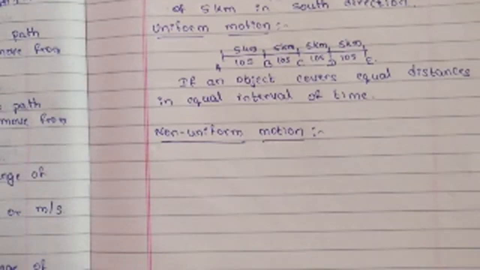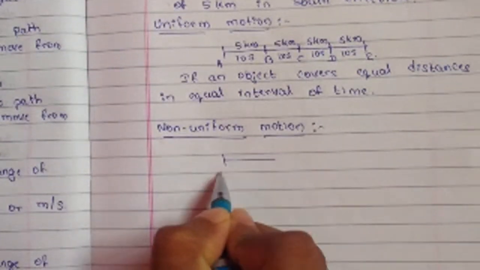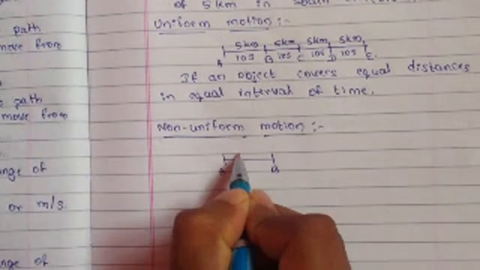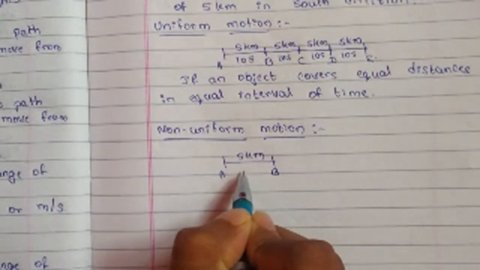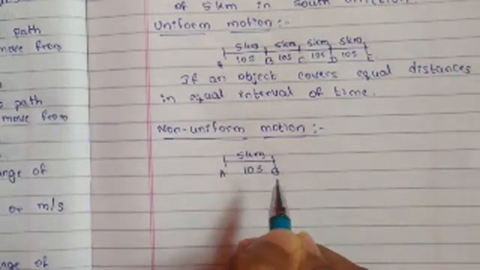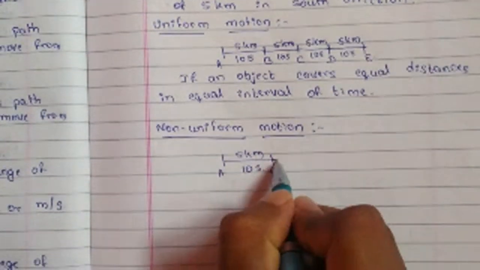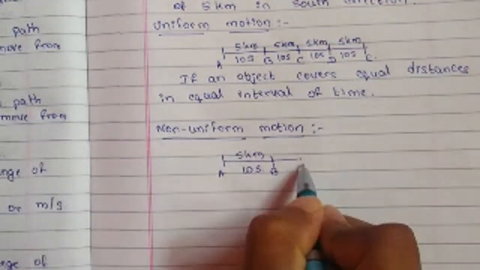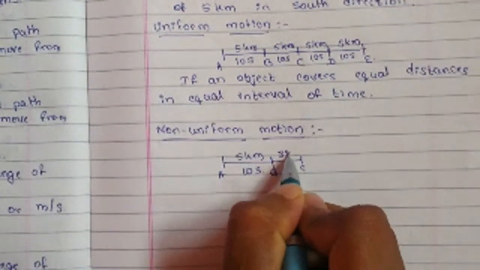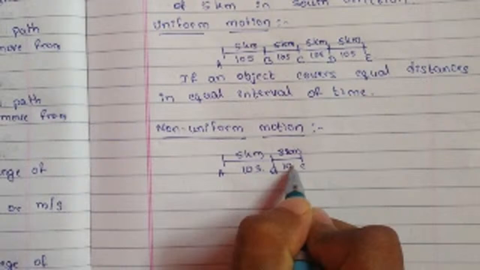For example, I will draw the diagram. From A to B, the total distance is 5 kilometers and the object takes 10 seconds to move from point A to B. Then to move from point B to C, the distance is 3 kilometers and again the time is 10 seconds.